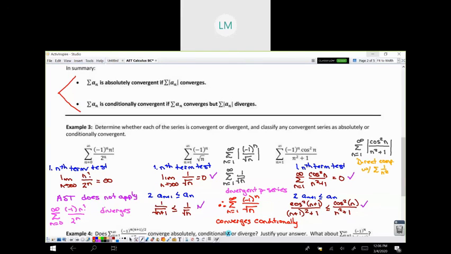So we can do direct comparison. Therefore, this series converges absolutely.